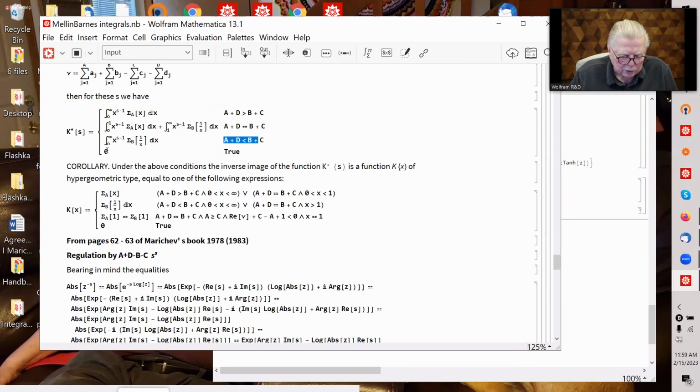This zero you should ignore. It is, I think, a technological bug in Mathematica. Just ignore this. So three lines. Or we can write the original function k as this or this or this, under corresponding restrictions.